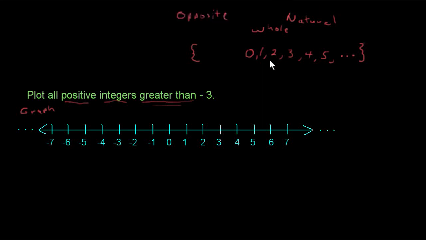Now if we start taking the opposite of some numbers, for example, the opposite of 1 would be on the other side of 0, an equivalent distance, and that would be -1. The opposite of 2 is over here at -2. By the way, the opposite of 0 is just itself.